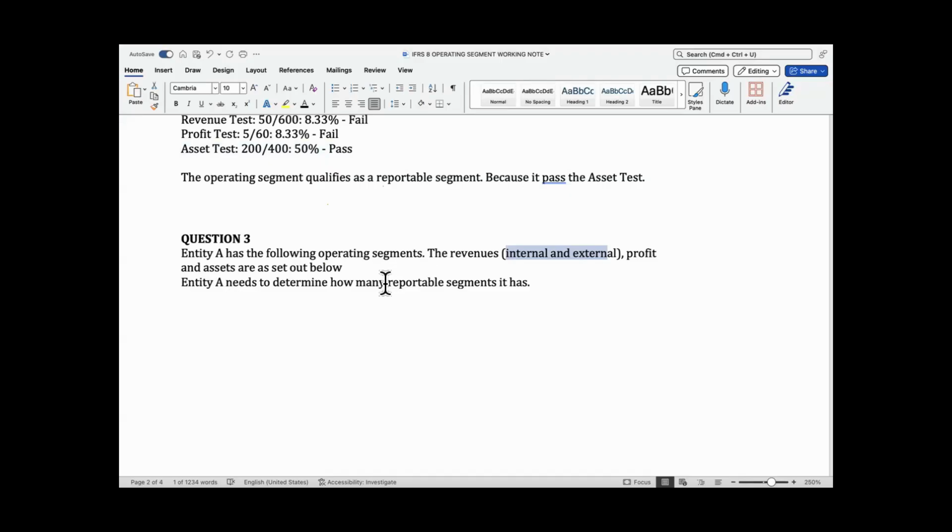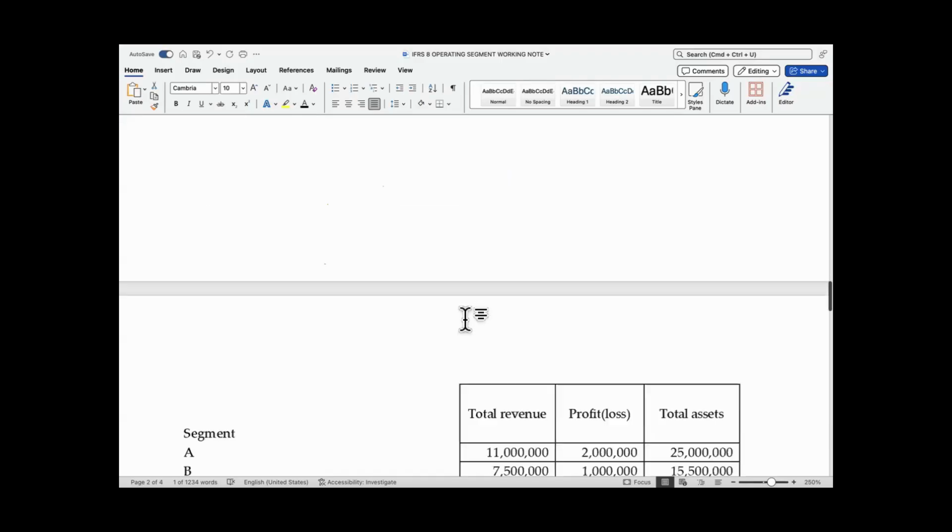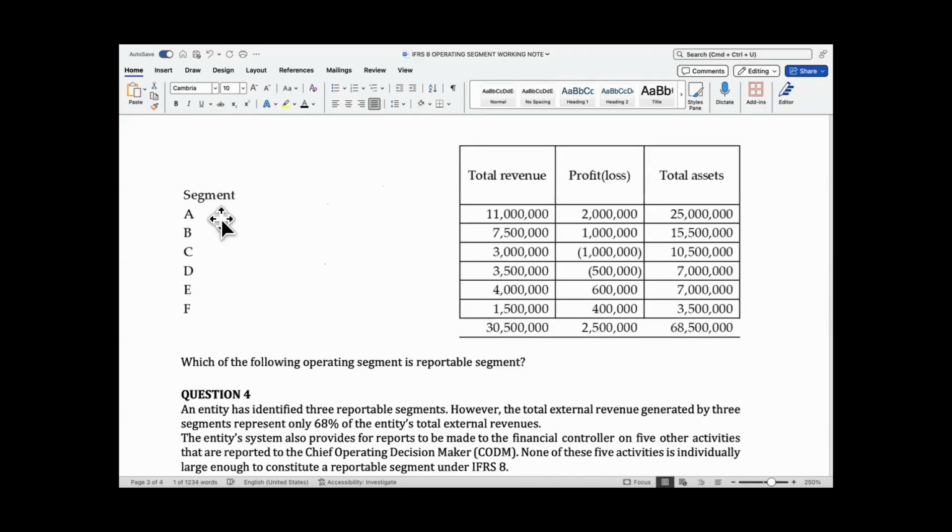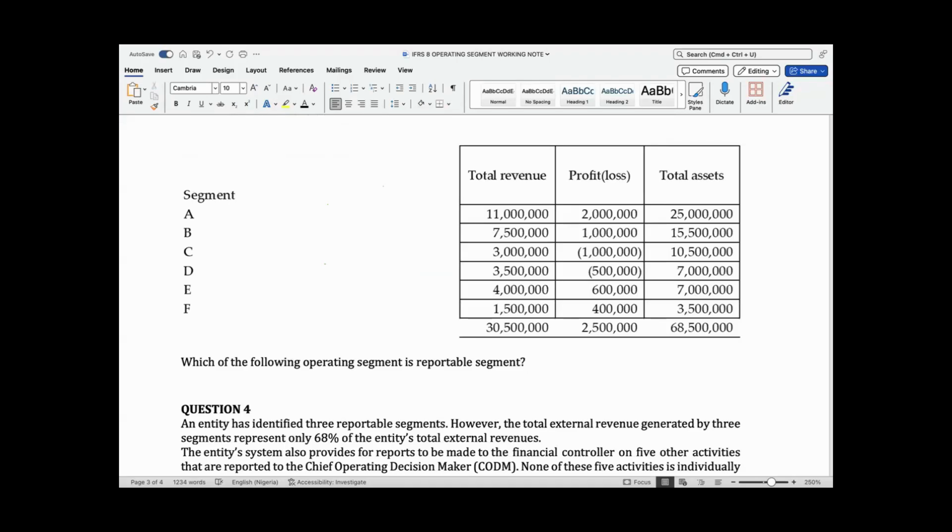Entity A needs to determine how many reportable segments it has. So it gives us plenty of segments and total revenue, profit, asset, and all of that. Now say which of the following operating segments are reportable segments. So let's start from operating segment A.